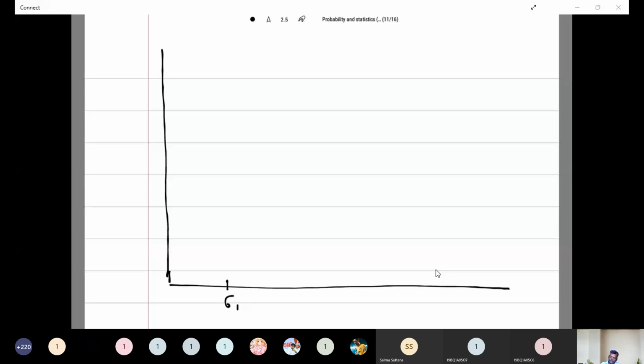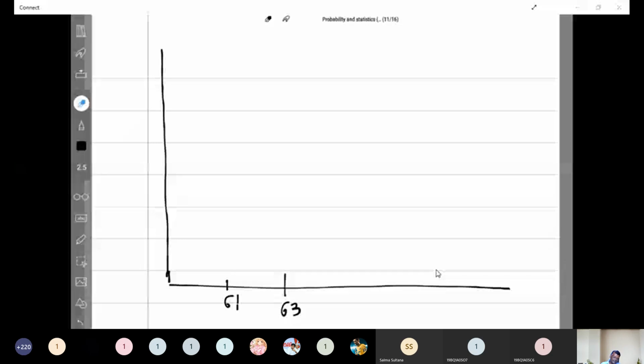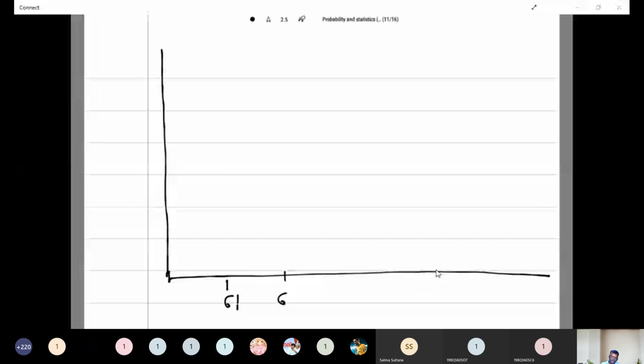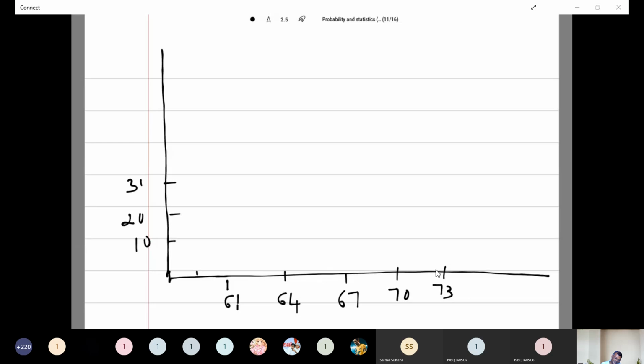Now midpoint 61, then 64, then next 67, then next 70, then next 73. And on the y-axis 10, 20, 30, 40, 50.